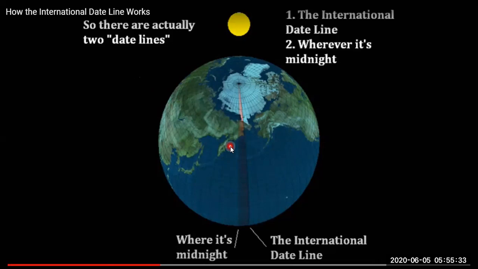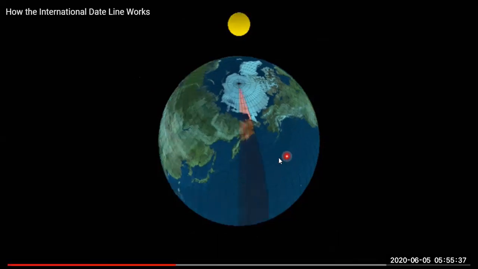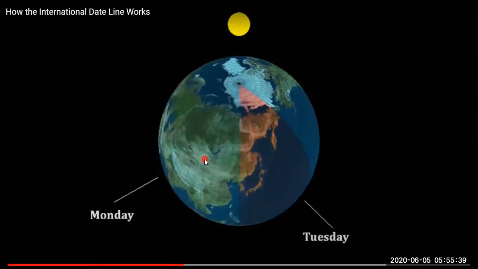There are actually two datelines, one in the east and one in the west. Here we started where the red area increases, meaning the day increases. This side is the east, where it is Tuesday, and on the west side it is Monday.